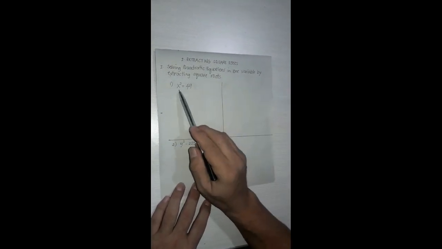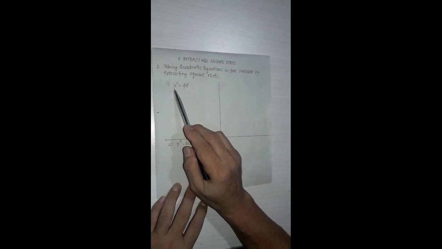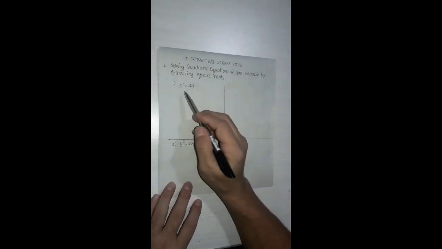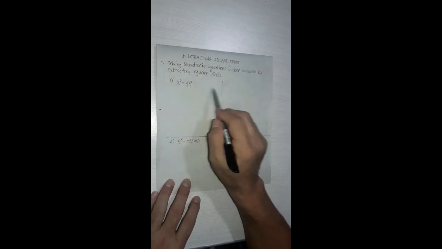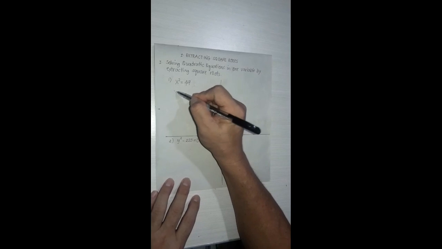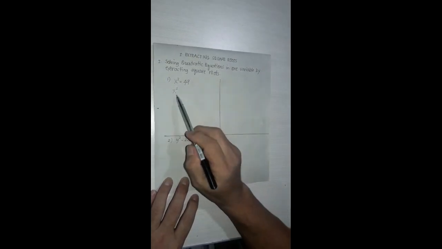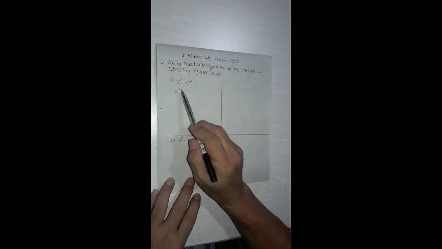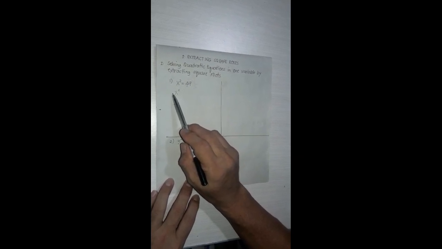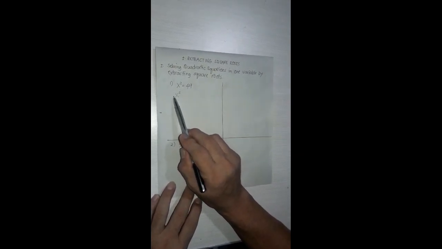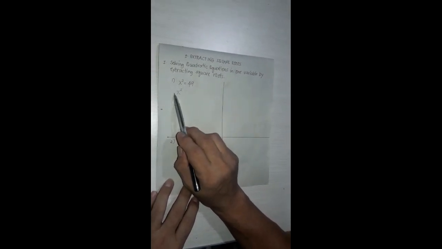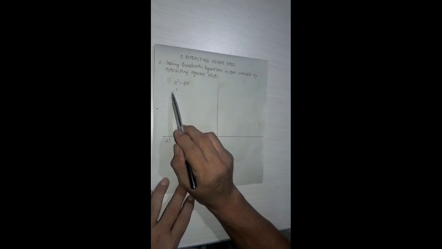Since the unknown here is at the left side, we don't need to rearrange the terms. So this is x squared. Since we are solving for x, the exponent should be eliminated as well as the numerical coefficient. Since the numerical coefficient of x squared is 1, we don't need to eliminate it anymore.